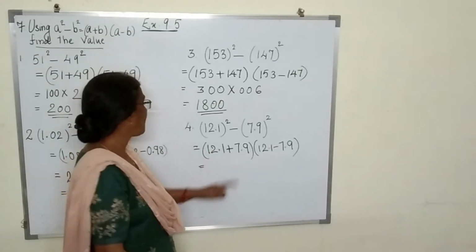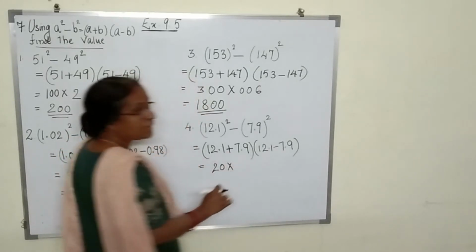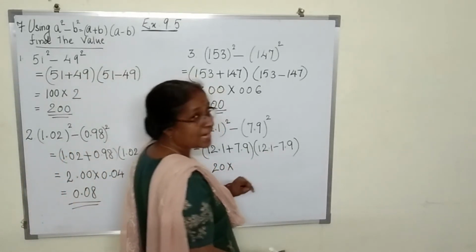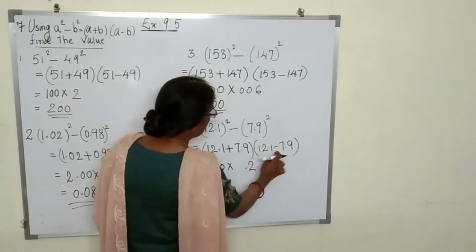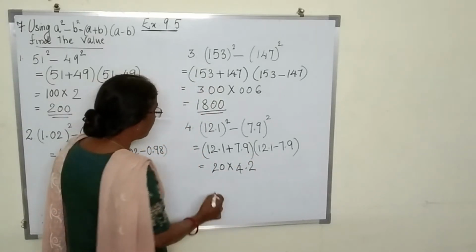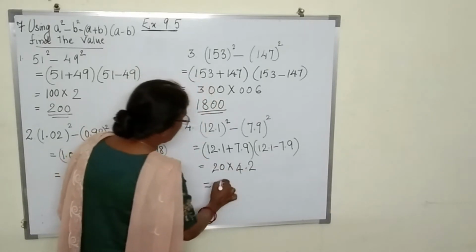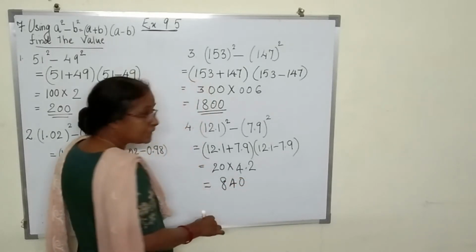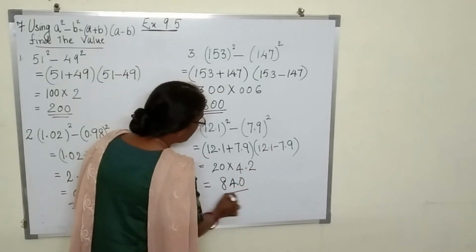So 12 plus 8, that is 20, multiplied by, what will you get when you subtract? 12.1 minus 7.9: 12 minus 8 is 4, so it is 4.2. So when you multiply, you get 42 multiplied by 2 is 84. Actually, you will get 840, but here there is a decimal digit, so here 84.